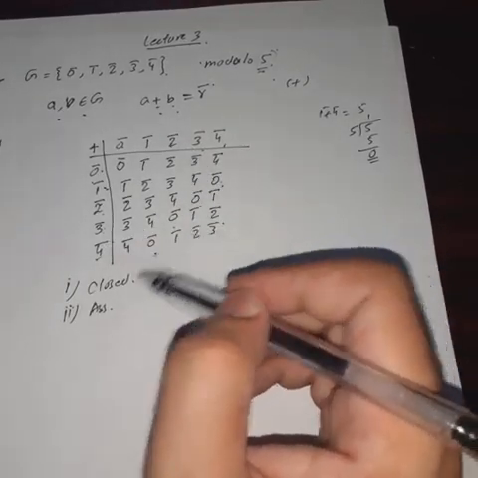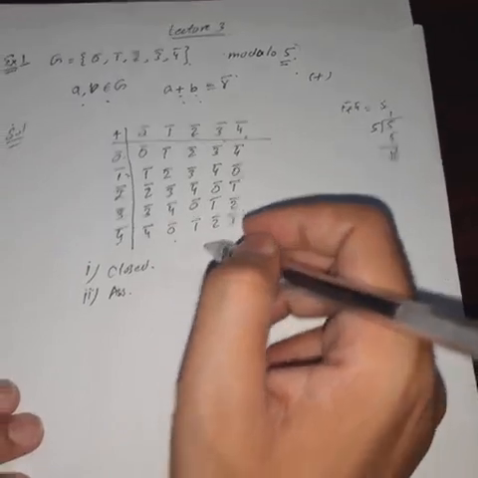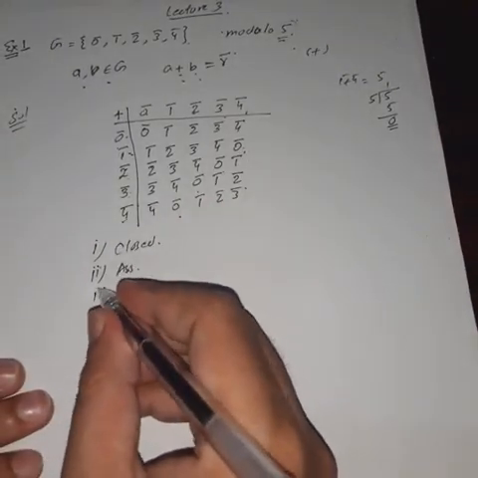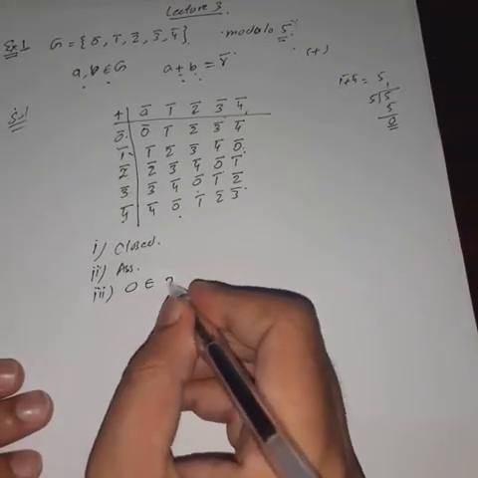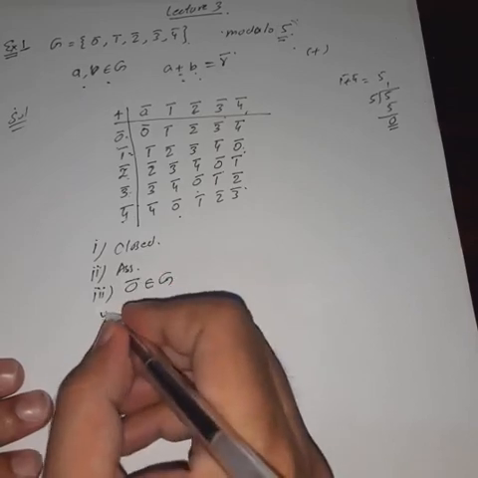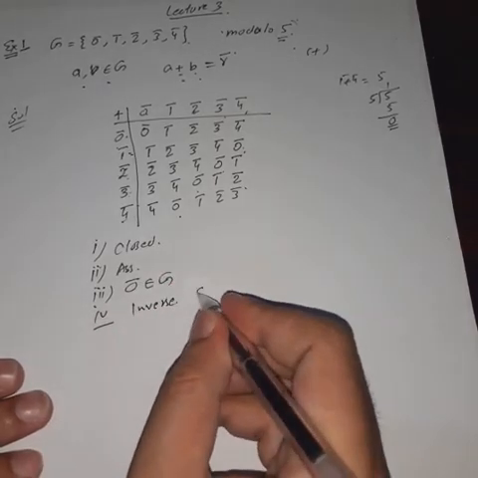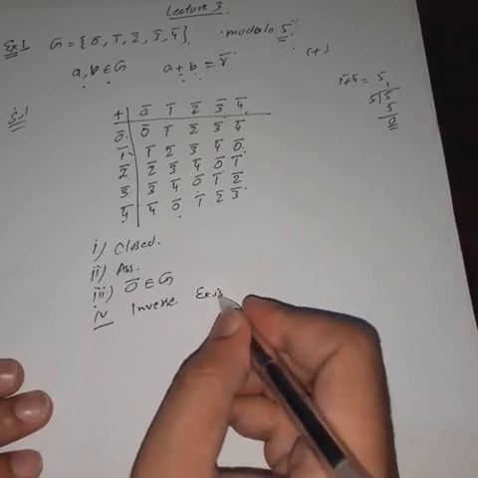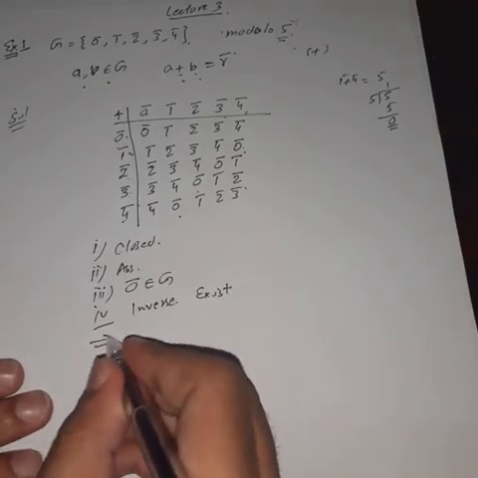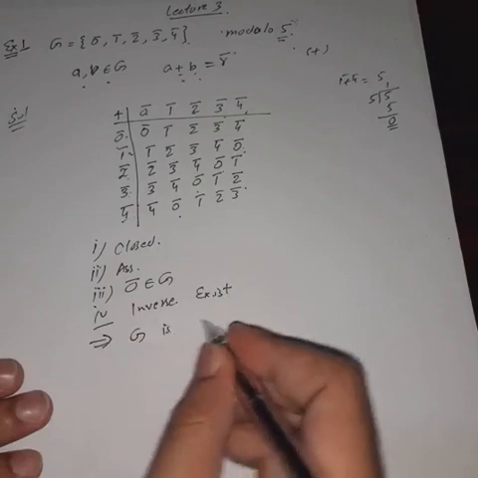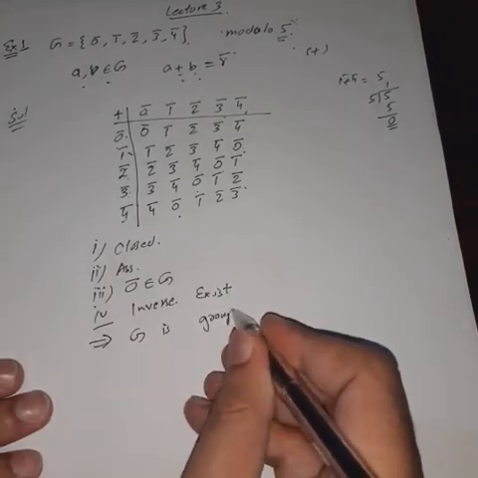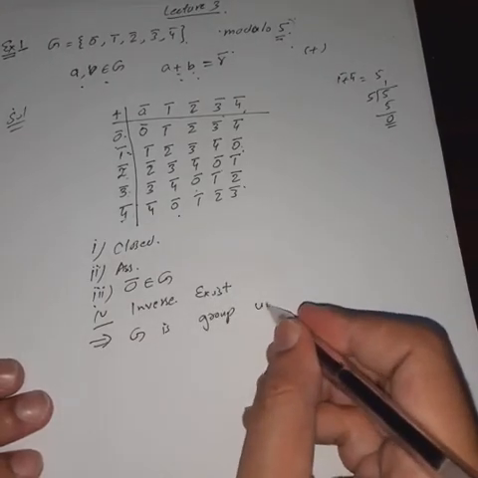So the inverse of each element also belongs to G, and axiom 4, inverse, exists. This shows that G is a group under addition.